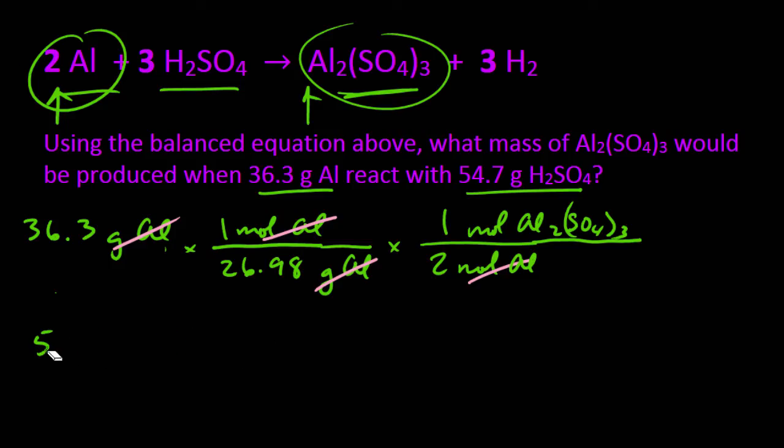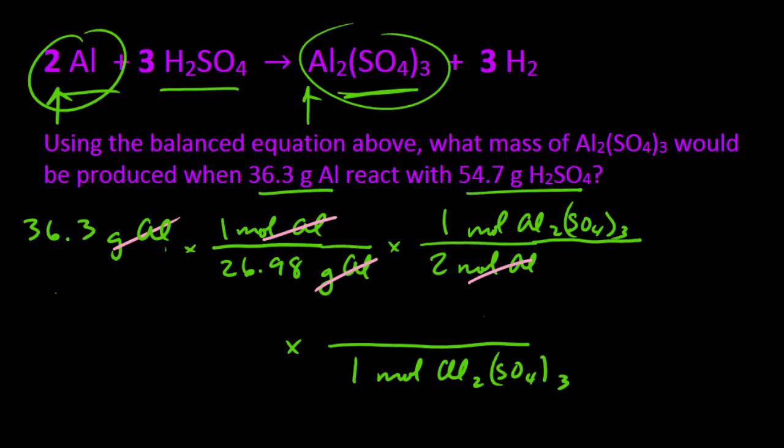At this point, we have just one more step, and that step is then to convert moles of the aluminum sulfate over to grams of aluminum sulfate. So we put the 1 mole of aluminum sulfate on the bottom. We put the molar mass of aluminum sulfate on the top.